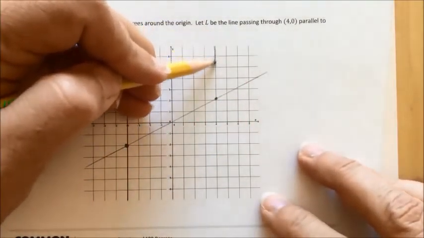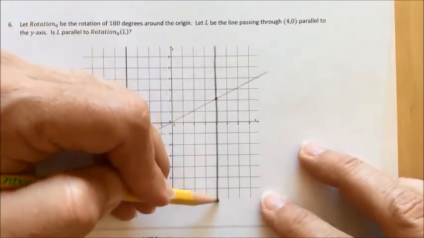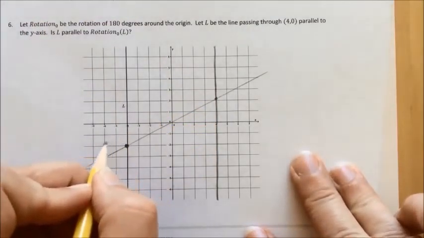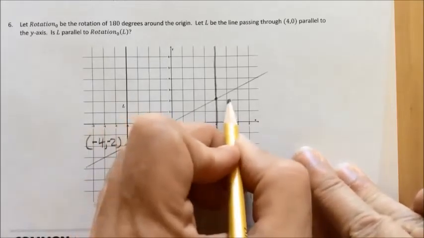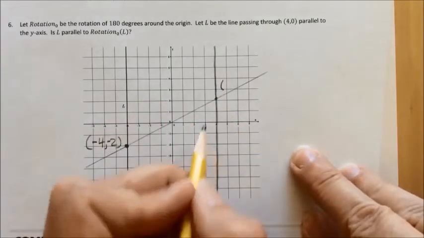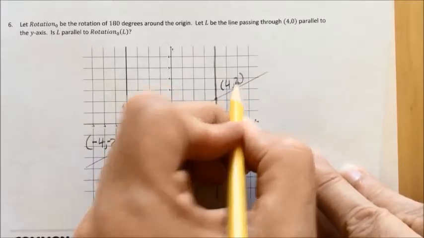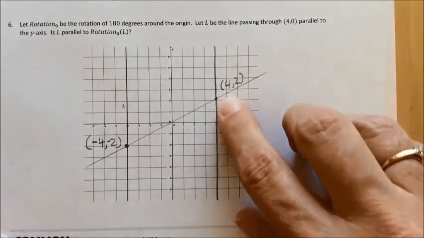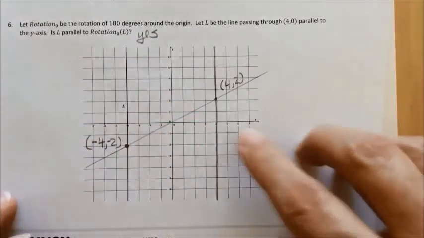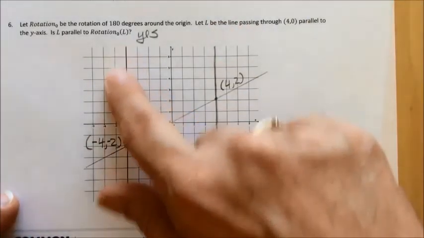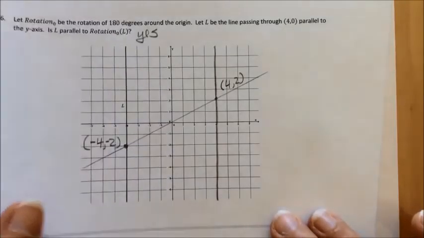And I can see from my transparency that this is the line it goes through. So the coordinates of this point were -4, -2. So the rotated point would be 4, 2, +4, +2. These two lines are parallel, the rotated line and the original line. Okay, that's 5 and 6.